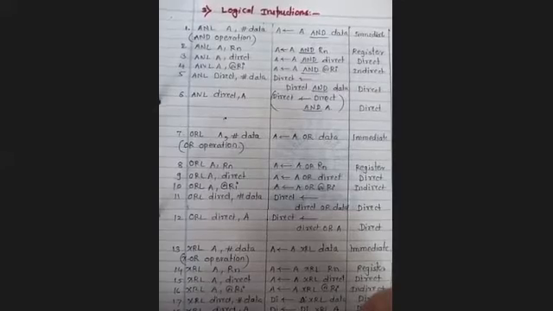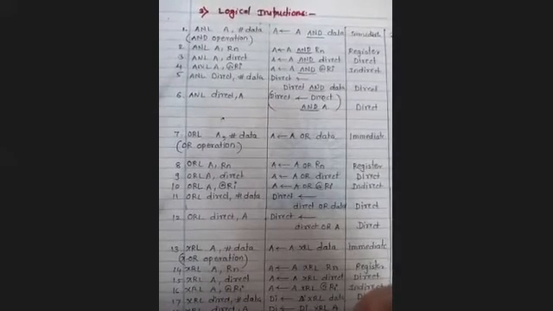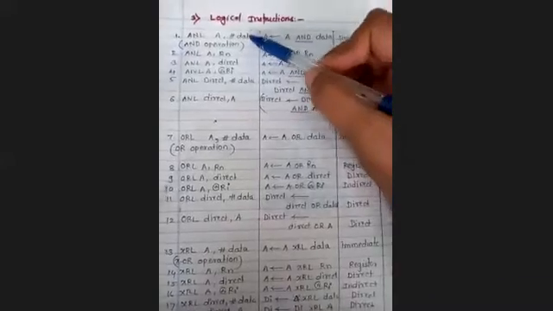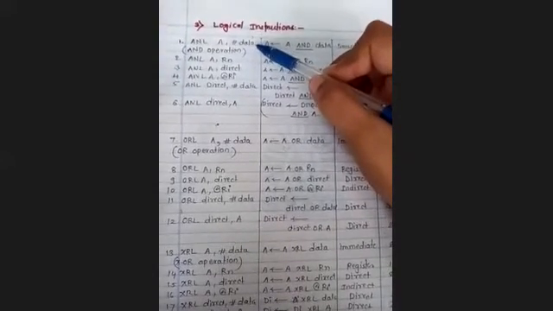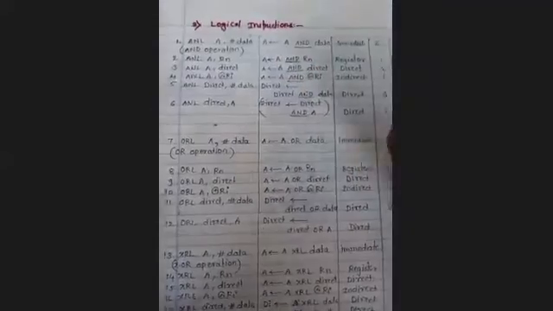What it means? Your accumulator value and data value. You will have two data, and in between these two data, AND operation is going to be performed. Here we have mentioned the second data in the instruction itself, so it is called immediate addressing. Why immediate? Because directly we are mentioning the data in the instruction.